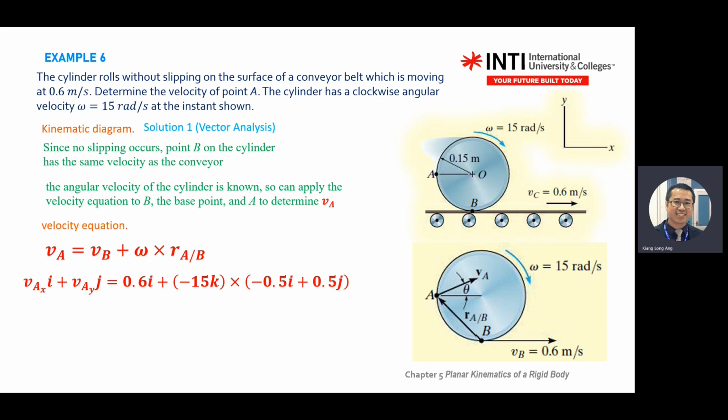What is cos 45? Zero point 7170, right? I think it's a typo error there.